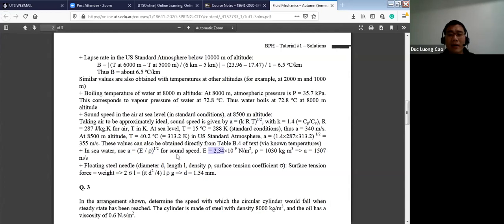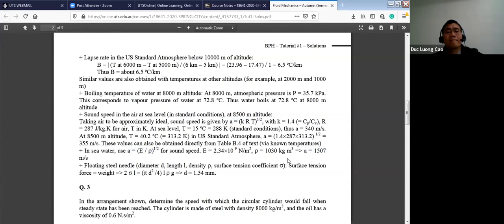The sound speed in seawater is much more than in the air, about 1,500 meters per second, maybe 4 or 5 times higher. So remember, in the air you use this equation, and in the seawater you use this equation.